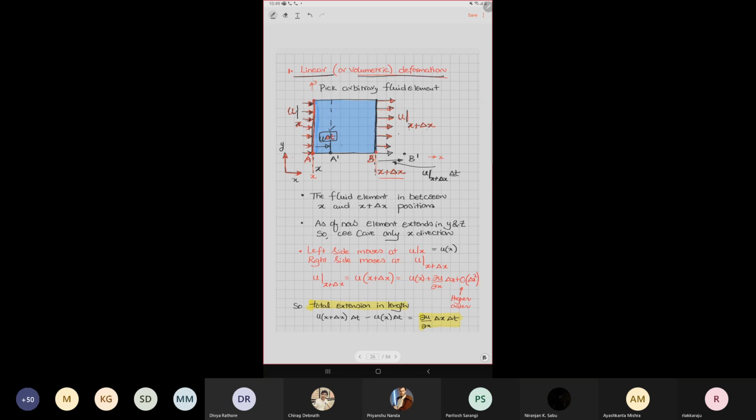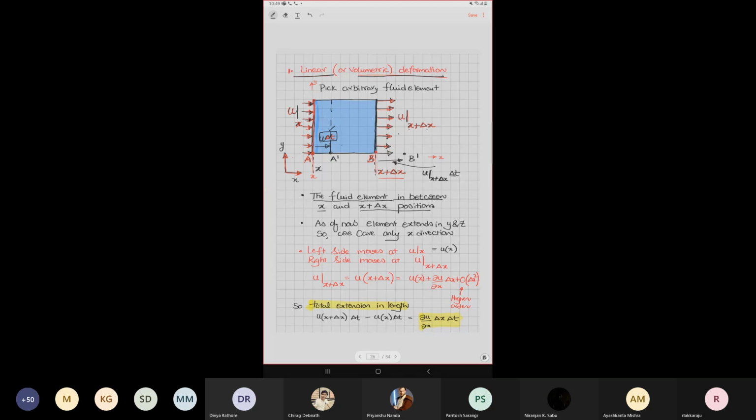Now I would like to ask myself, how much overall elongation happened for this material? So the fluid element in between x and x plus delta x position, how much elongation happened?